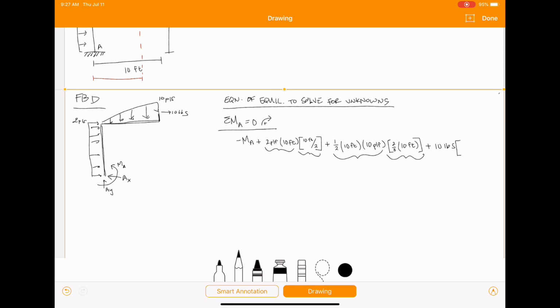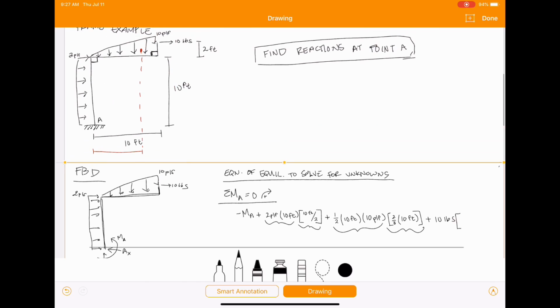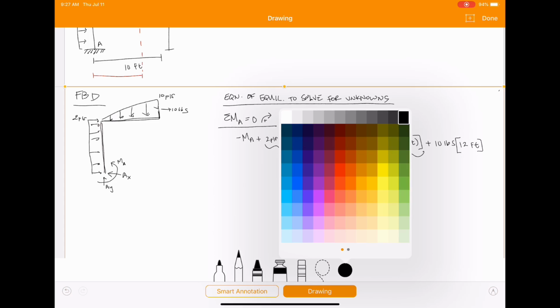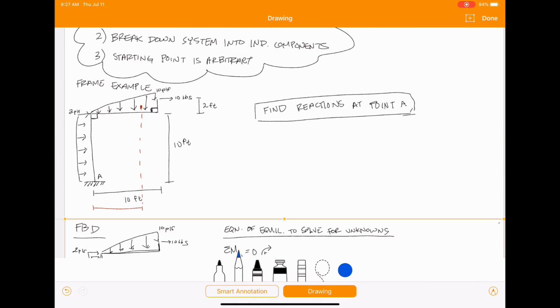And its moment arm is going to be 12 feet. Because again, that's going to be the distance from the point we're looking at, which is here at point A, up to that force.